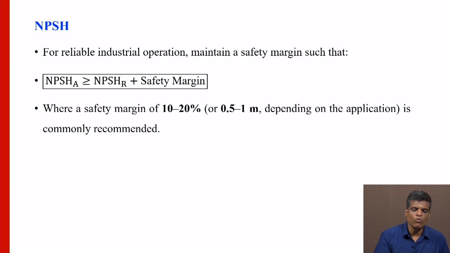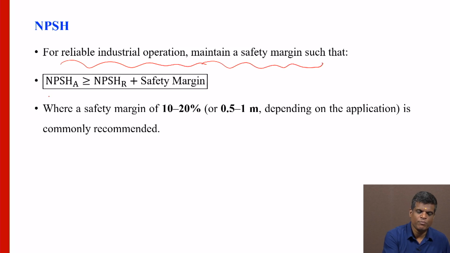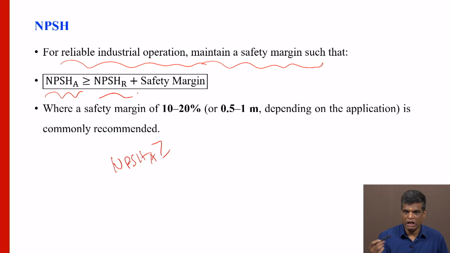Okay, so now how do we handle industry operation? For any reliable industrial operation, we have to maintain a safety margin on the net positive suction head. Of course, NPSH available is always equal to or greater than required, but there is a safety margin also to run the system.